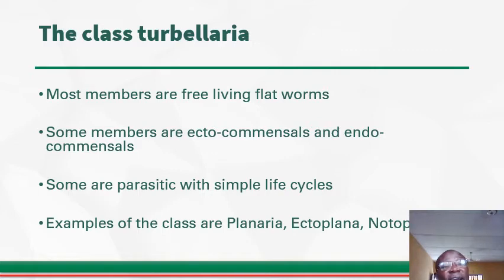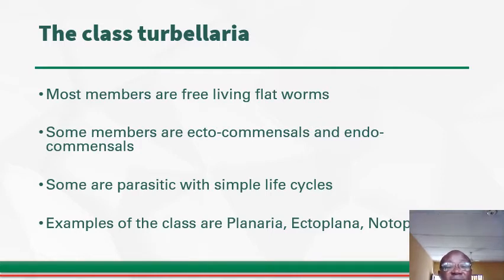Then we look at the class Turbellaria. In this class, most members are free-living flatworms. That is, there are no parasitic members. Some of the members are ectocommensals and endocommensals. I'm sure you understand when we say commensalism.